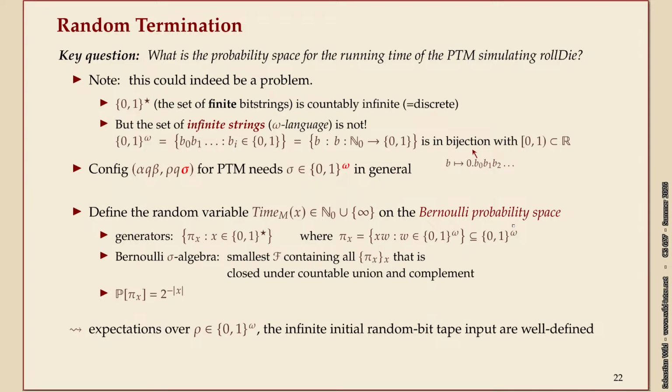The expectations, you always needed hand-wavy bits to define what they mean. So with this setup, which is not too complicated to work with, as you'll see, you can do this properly.